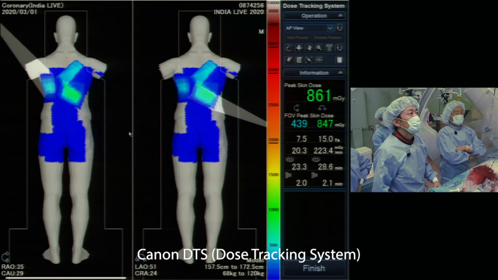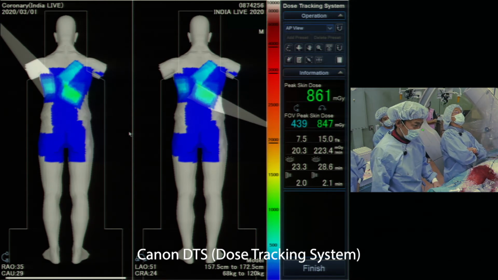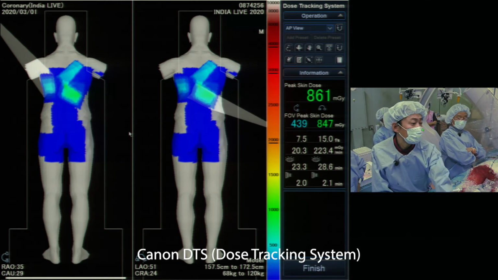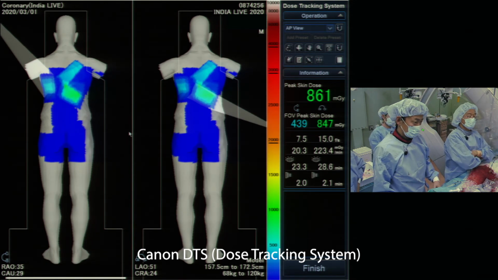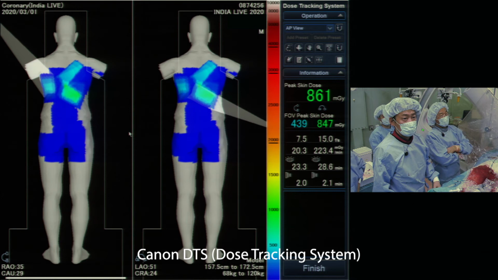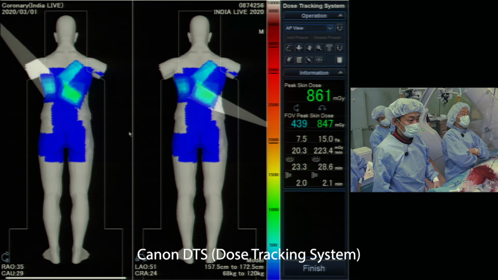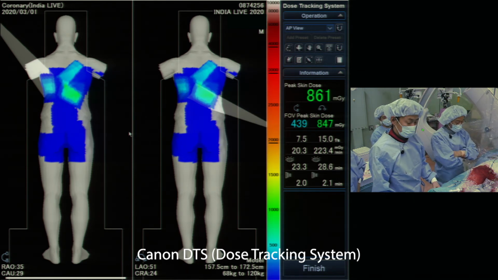In Japan, we can use this system routinely. This system is useful to avoid a hot spot. Recently this system is very precise. In the past it was not so precise, so the indication was not reliable, but now it's very reliable. Is that okay? We have no time.